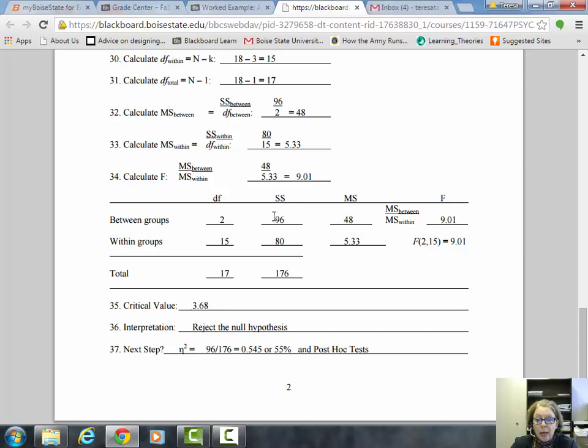Also, notice that the rows work in a predictable, consistent way. The sum of squares divided by the degrees of freedom value, the DF value, is where the MS value comes from. So 96 divided by 2 gives us a 48. 80 divided by 15 gives us a 5.33. And then 48 divided by 5.33 gives us our F value.